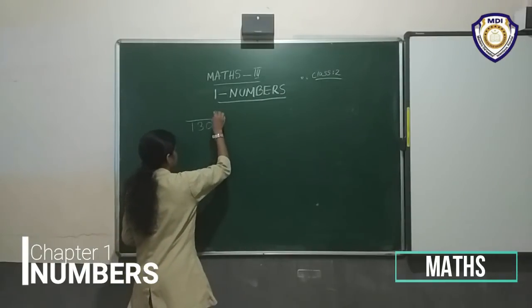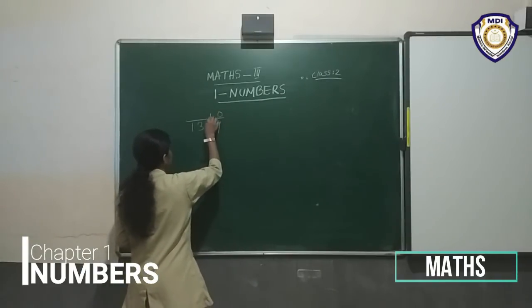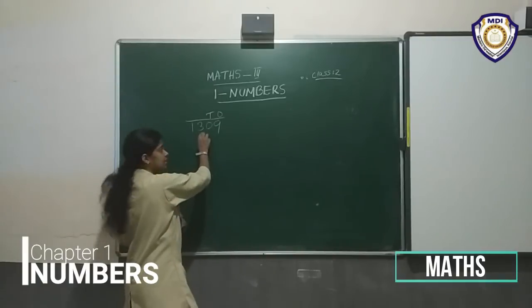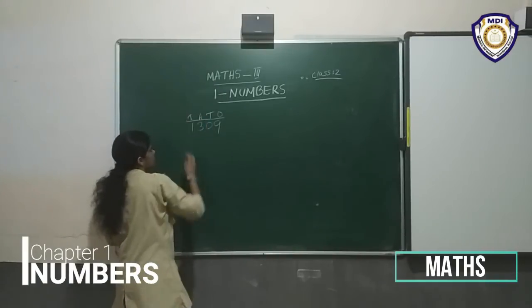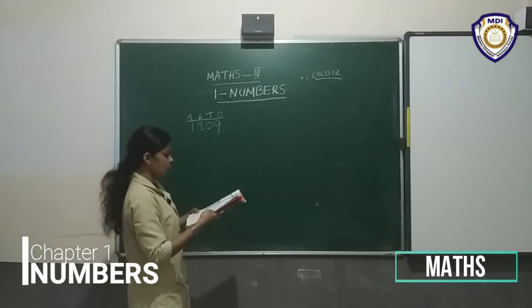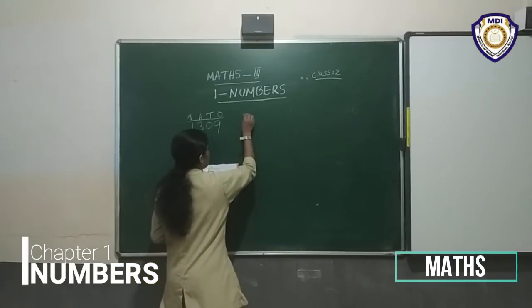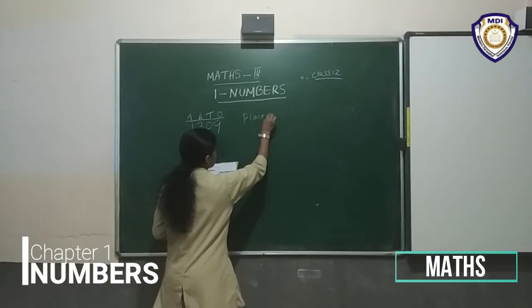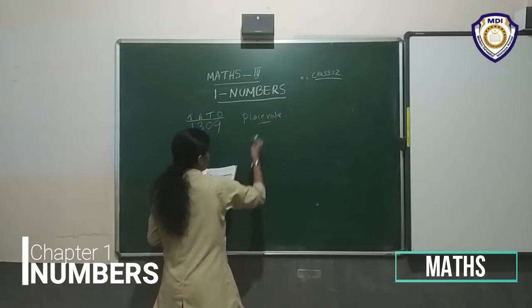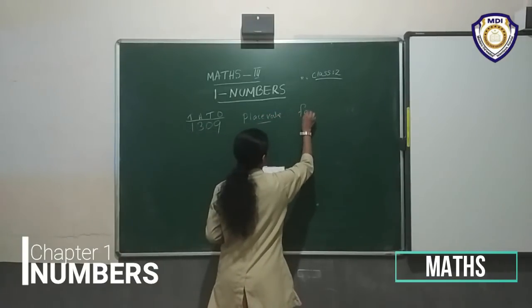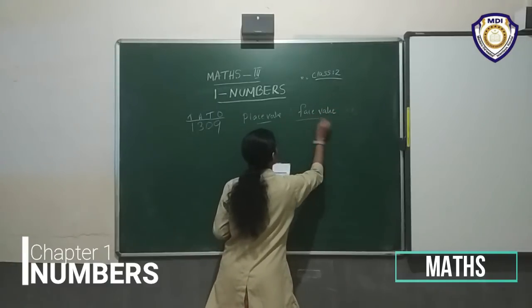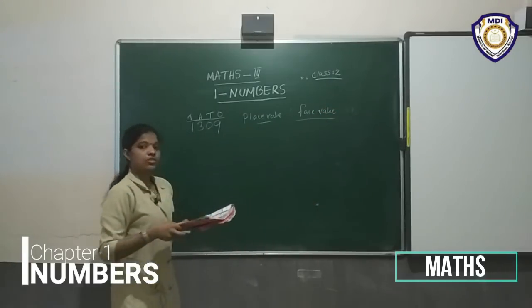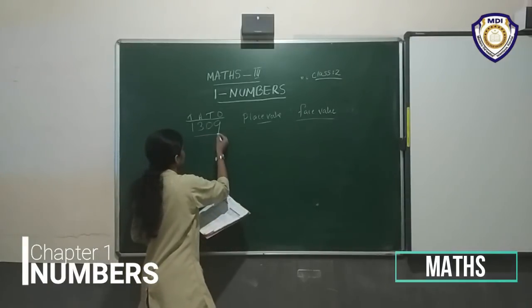9 is in the ones place, 0 is in the tens place, 3 is in the hundred place, 1 is in the thousand place. Okay. Students, listen here.